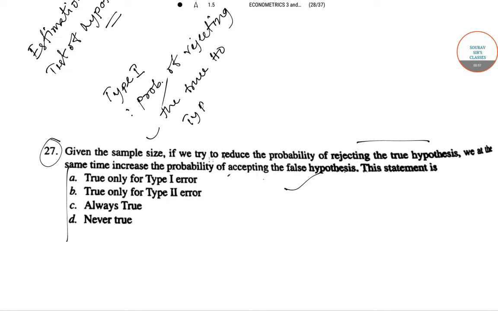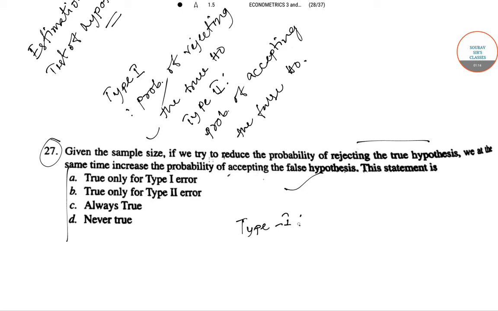And by type 2 error, we mean the probability of accepting the false null hypothesis. Type 1 error is defined by alpha and type 2 error is defined by beta. By 1 minus beta, we say this is the power of the test.